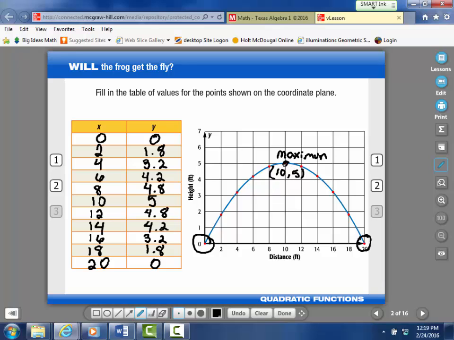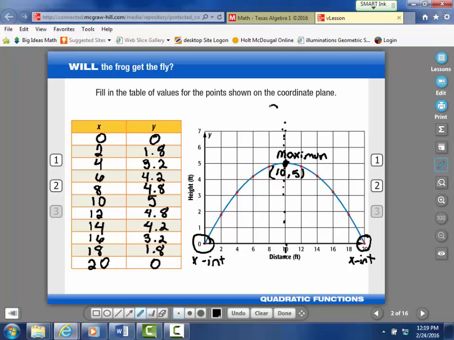Those are going to be some of the main points you want to look at when you're talking about a parabola, because where does it intersect the x-axis and what's its maximum? Because if we know that, then because of this idea of symmetry, if I know where I'm beginning and ending on the x-axis, then where my maximum is, I can plot what's going on this side, and it's going to mirror on the other side.